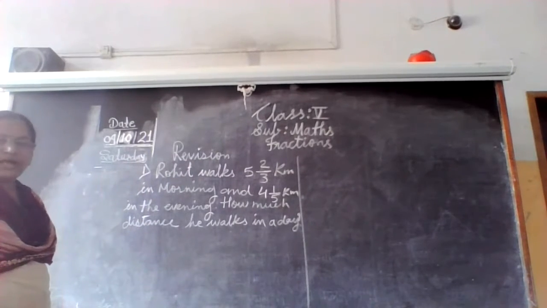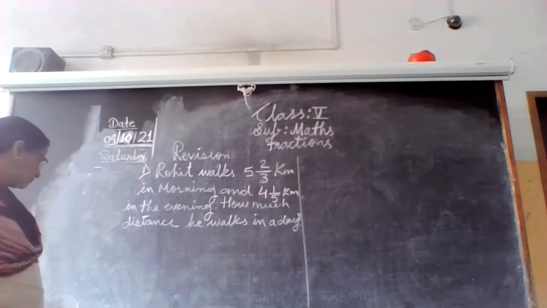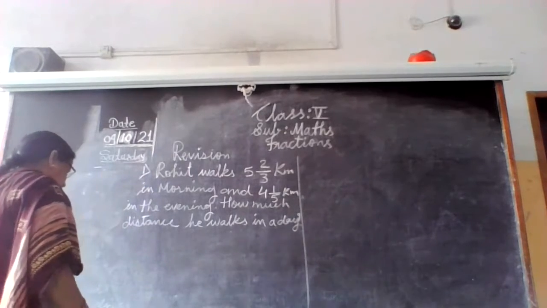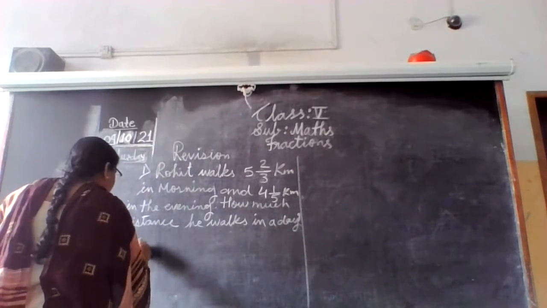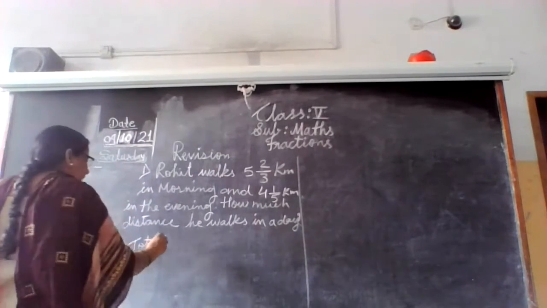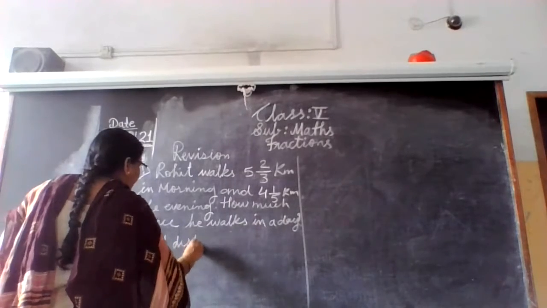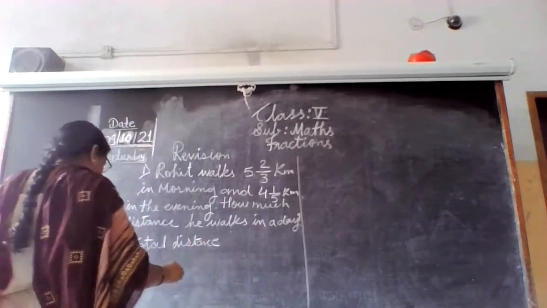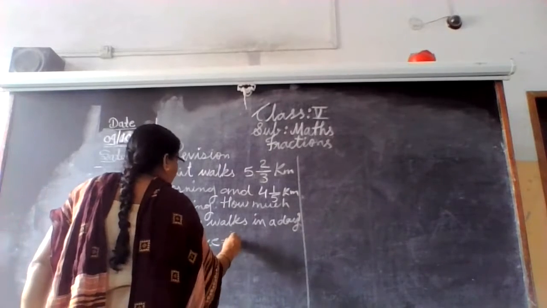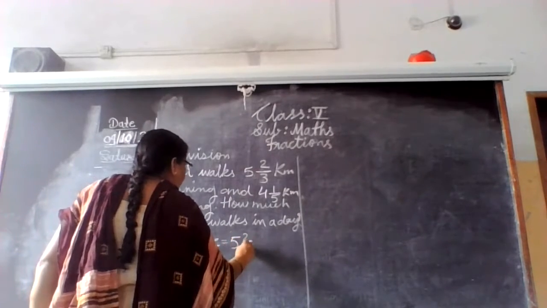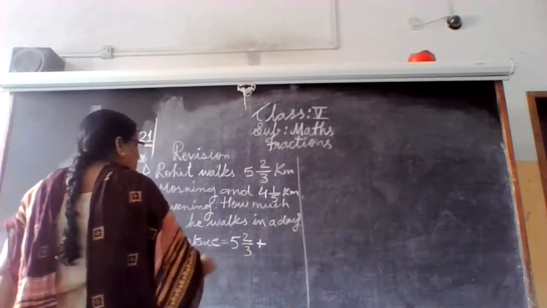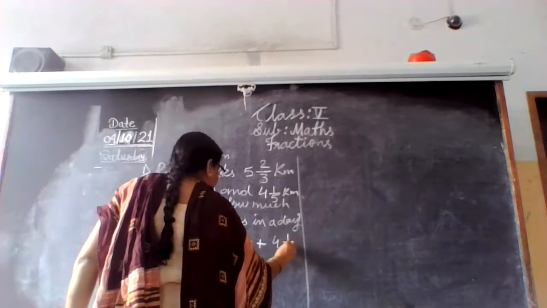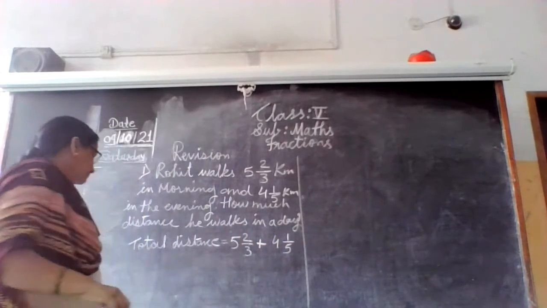That means you have to add both the fractions. Total distance walked equals 5 integer 2 upon 3 plus 4 integer 1 upon 5.